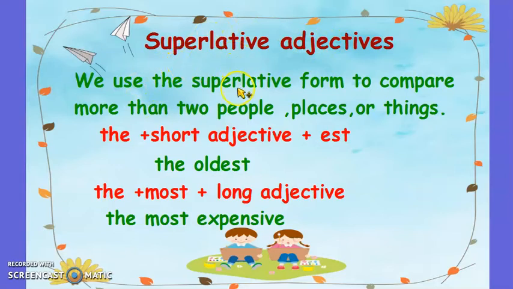For the superlative form, we use the before the adjective, and we add est for the short adjective. So we use the, then the short adjective, then we add est.